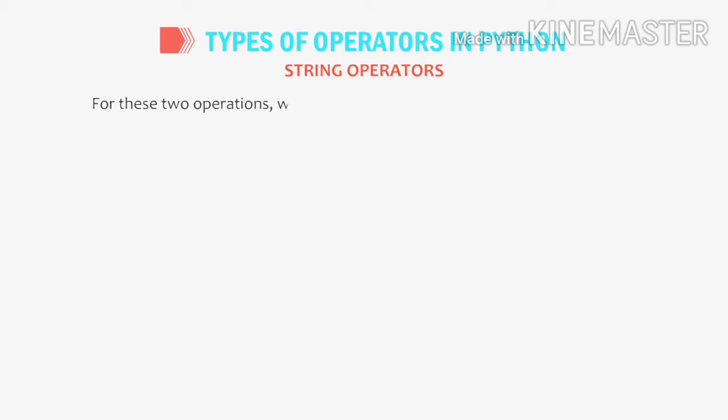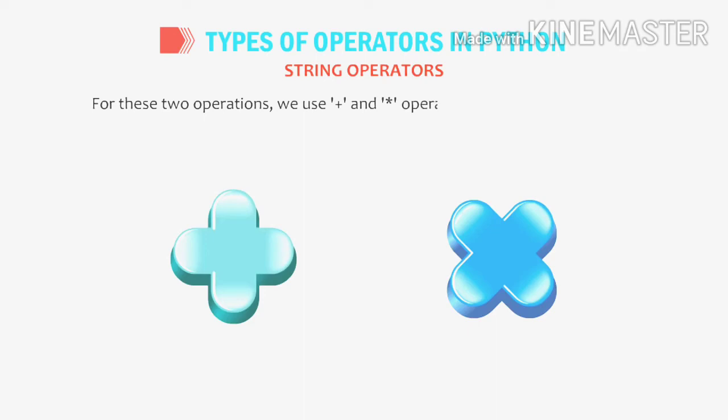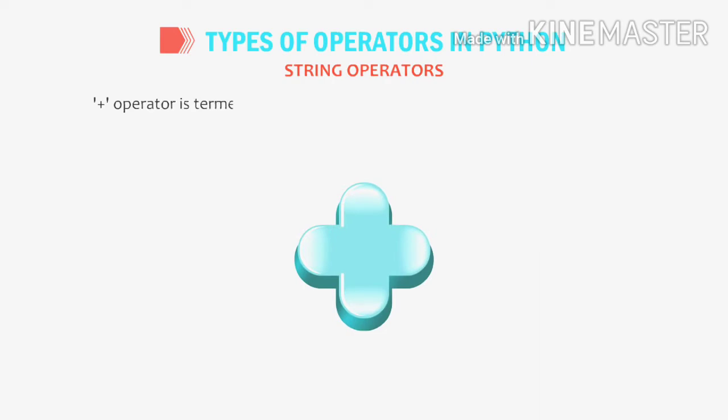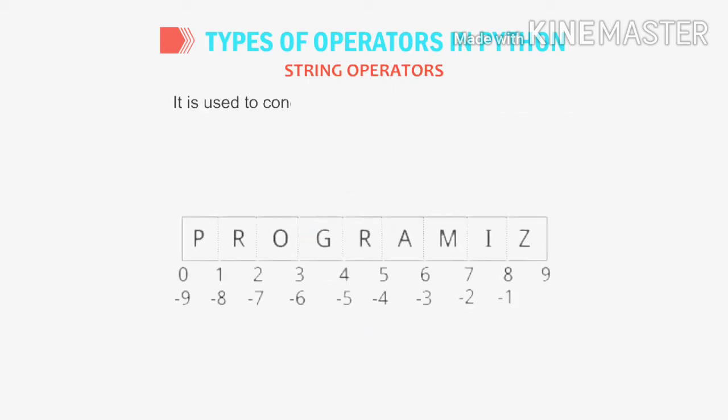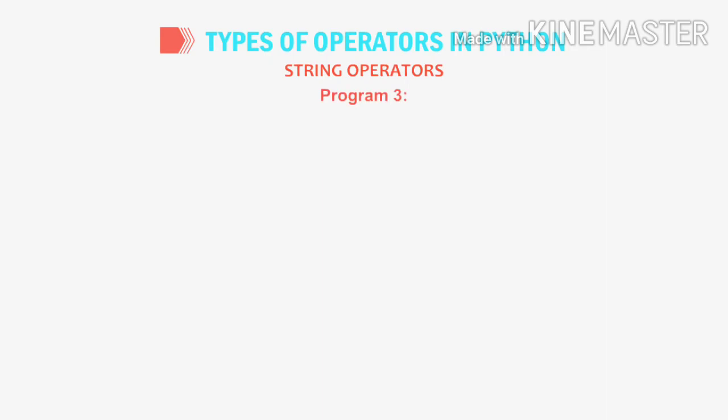For these two operations, we use the plus symbol and the multiplication operator on strings respectively. Clear? The plus operator is termed the concatenation operator when we use it with strings. Clear? It is used to concatenate or join two or more strings.